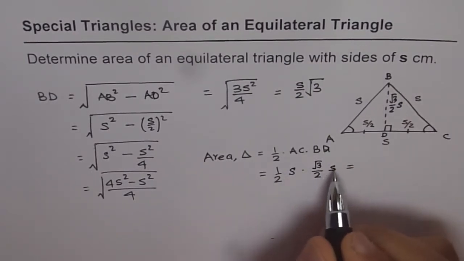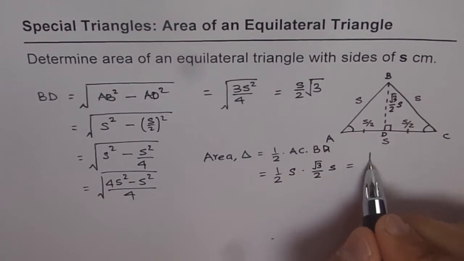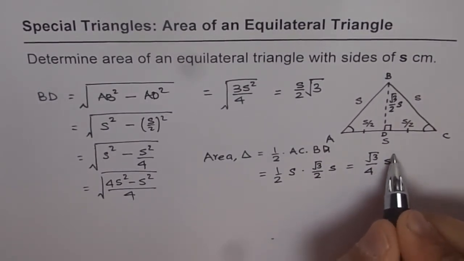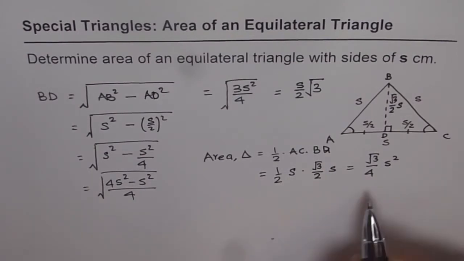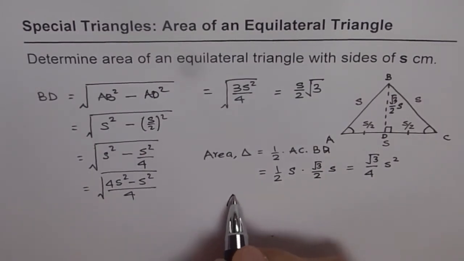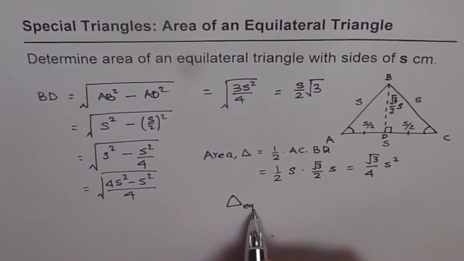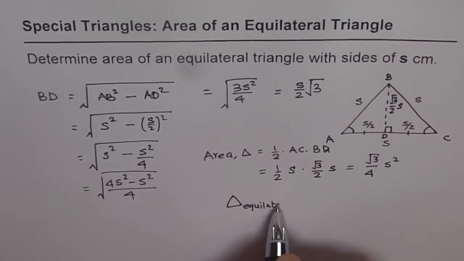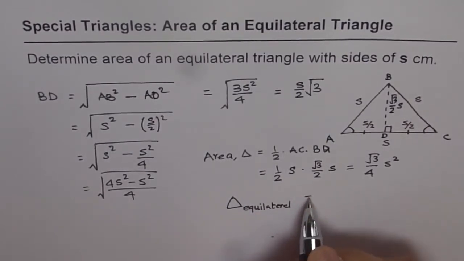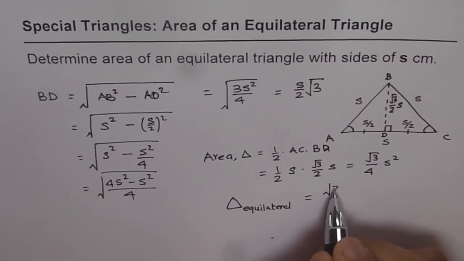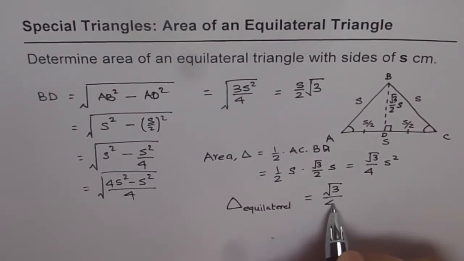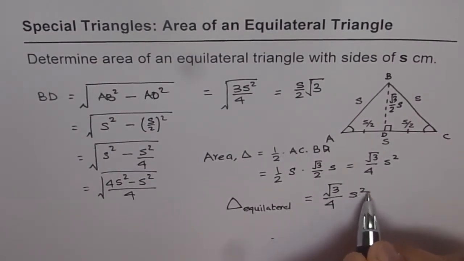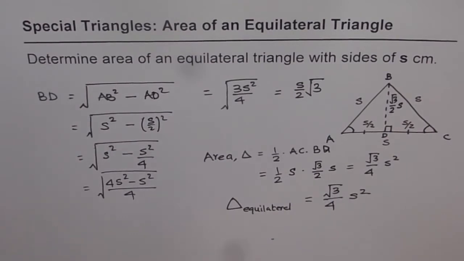So if you multiply them, what do you get? You get square root 3 over 4 s square, right? So remember that the area of an equilateral triangle is always equal to square root 3 over 4 s square, right?